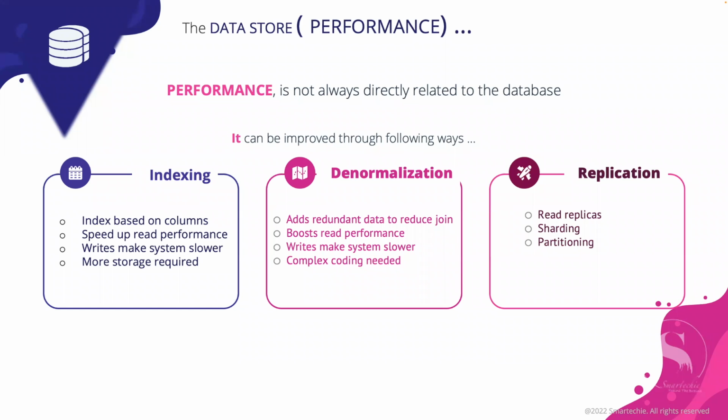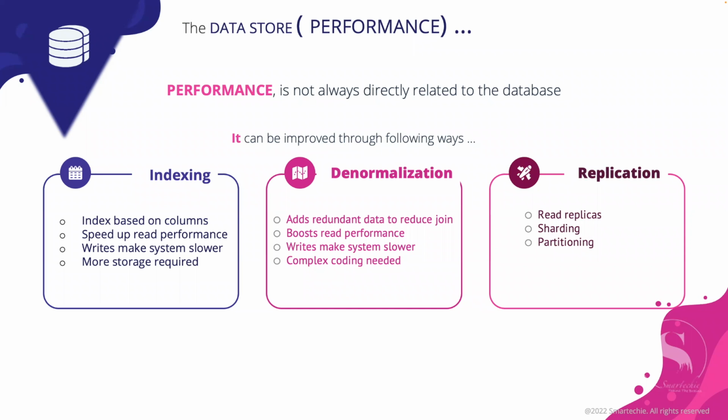Indexing the data based on the columns can speed up the read performance. But writes become slower and more storage is also required, right? While indexing gives more benefit for performance, it also takes some overhead, right?